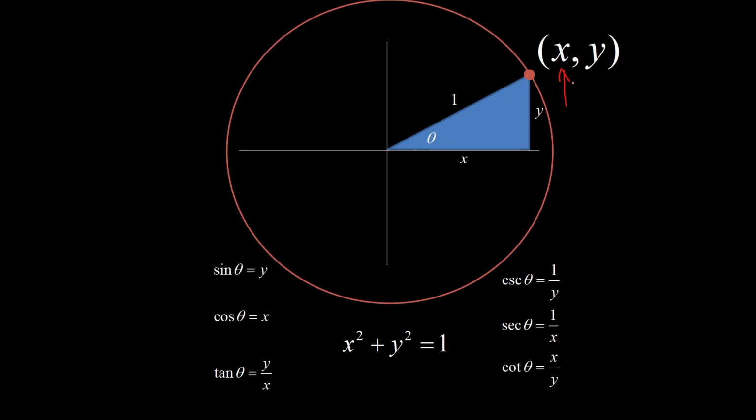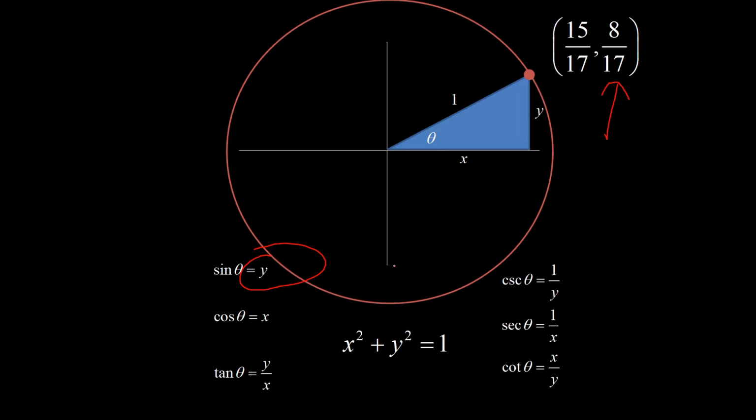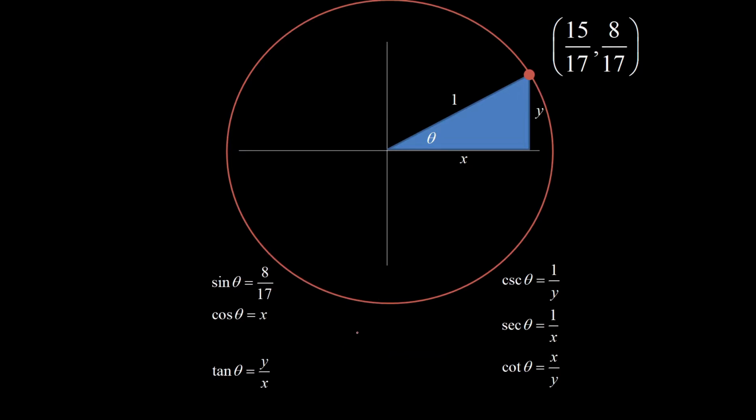So if we just throw some numbers in here, now we can figure out all the trig functions, because x and y give us all these trig functions, since r is 1. And so we're going to start plugging the stuff in. For sine, we see y here is 8/17, so we can just plug that in. X is 15/17, so we'll just plug that in.